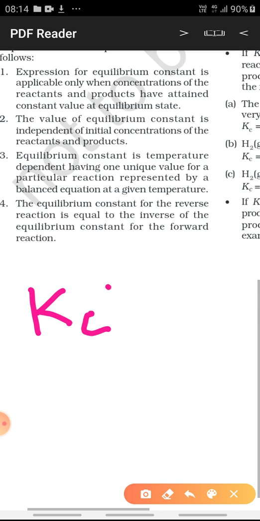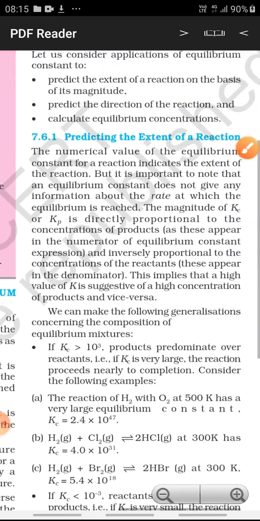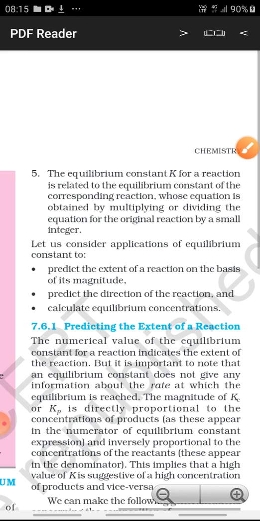Next, Kc for the reverse reaction is equal to 1 upon Kc for the forward reaction. And the last important point: the equilibrium constant K for a reaction is related to the equilibrium constant for the corresponding reaction. That means if there are two or more reactions and the final product is the same, then they will have the same Kc.